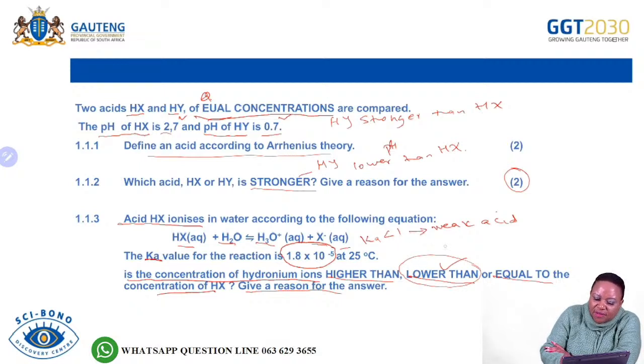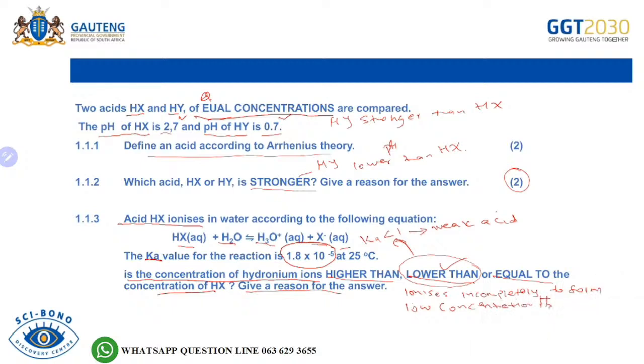You can say the Ka value is less than 1, or you can say it ionizes incompletely to form a low concentration of hydronium H3O plus ions. So these are the two ways that you can explain why I'm referring to this acid as a weak acid.